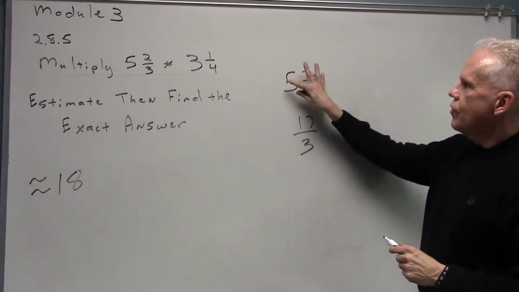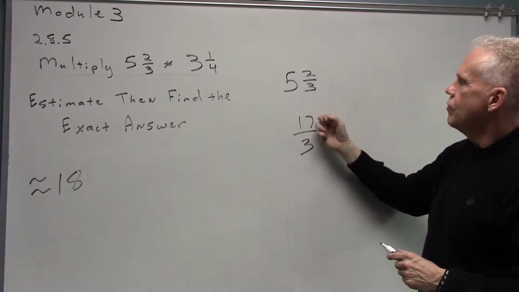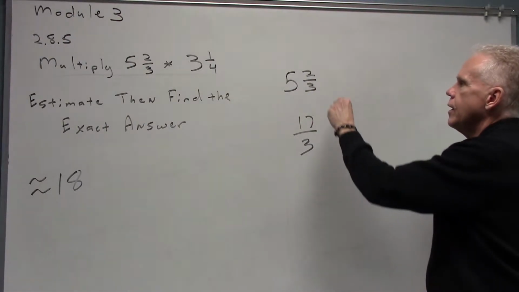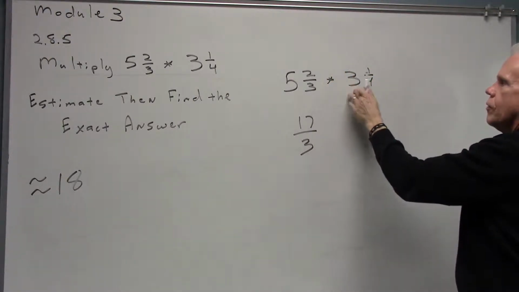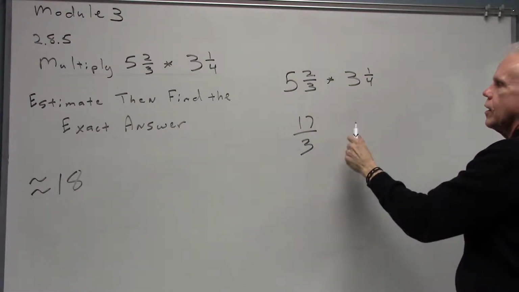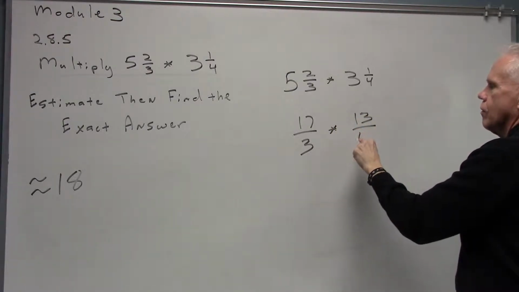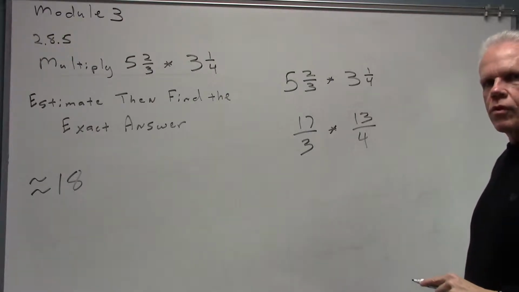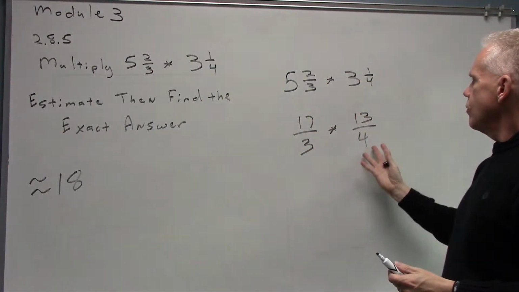Then here, 3 1/4: 3 times 4 is 12, plus 1 is 13. So that would be 13 over 4. So now we've got 17 over 3 times 13 over 4.